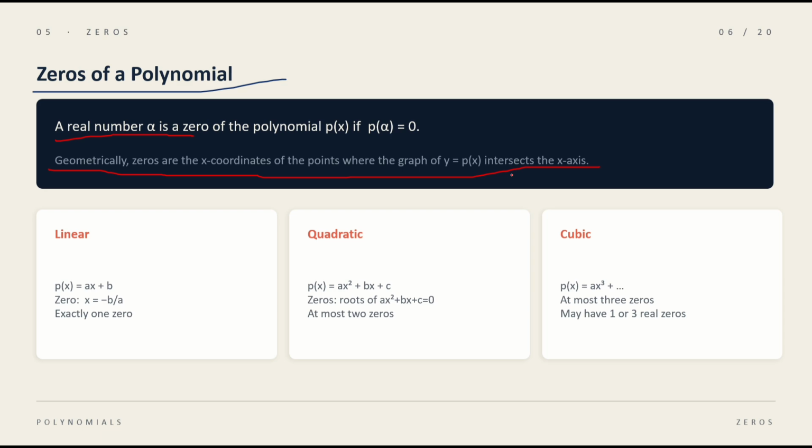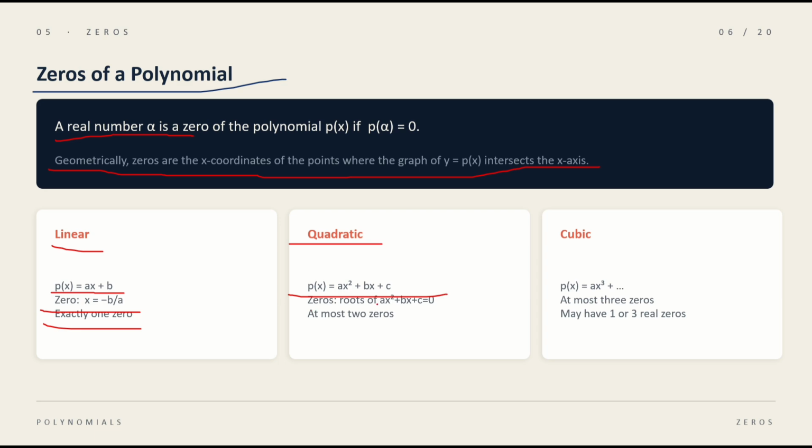If the polynomial is linear, of the form p(x) = ax + b, then the zero is x = -b/a, exactly one zero. If it is a quadratic polynomial, its form is ax^2 + bx + c, and the roots of ax^2 + bx + c are the zeros.